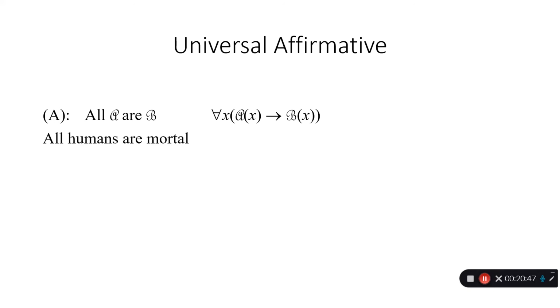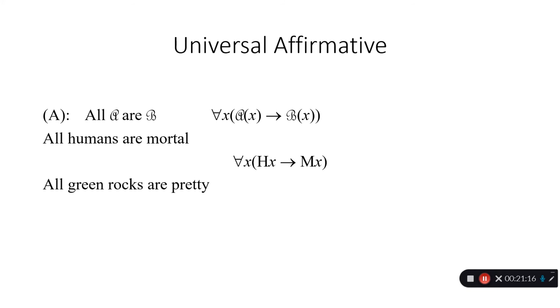We can take all humans are mortal. And here you have for all x if HX then MX, where is a human is HX and is mortal is MX. Now let's make a more complicated left-hand term. All green rocks are pretty. So now the left-hand predicate expression is green rocks. To be a green rock is to be green and to be a rock.